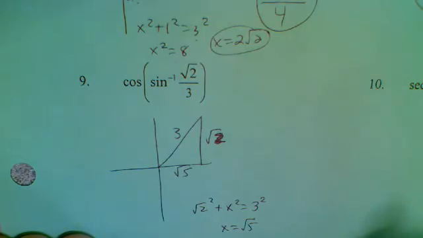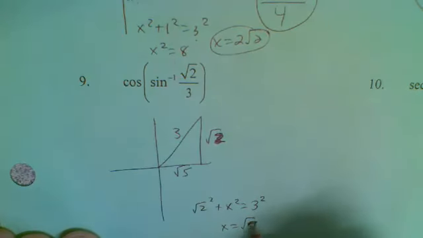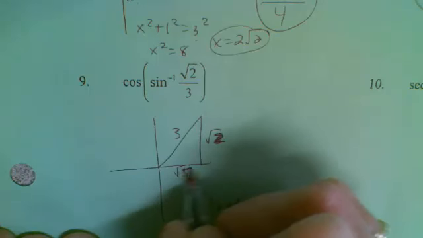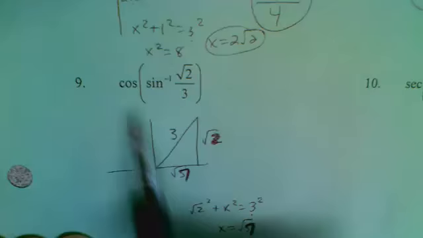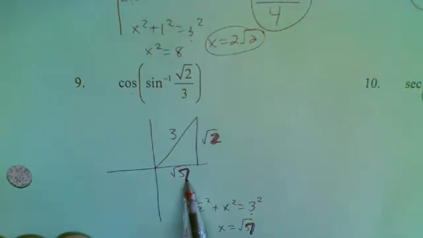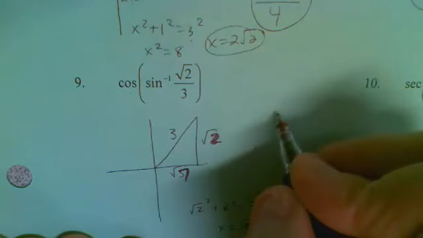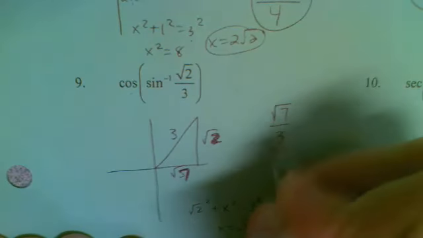Does that sound right? No. How about 9 minus 2? How about radical 7? That sounds better. So I'm taking 9 minus 2. So that's radical 7. The question is, what's the cosine of that angle? So it's going to be x over r. So it's radical 7 over 3.